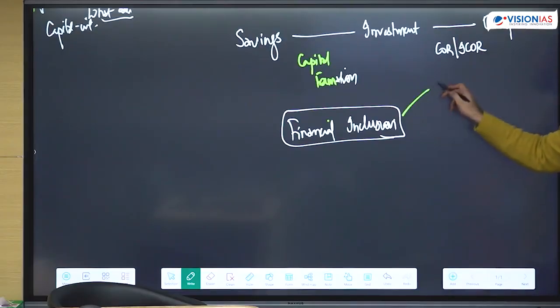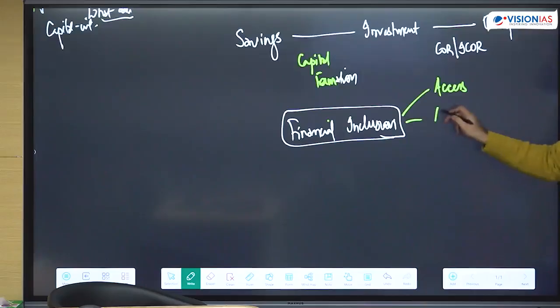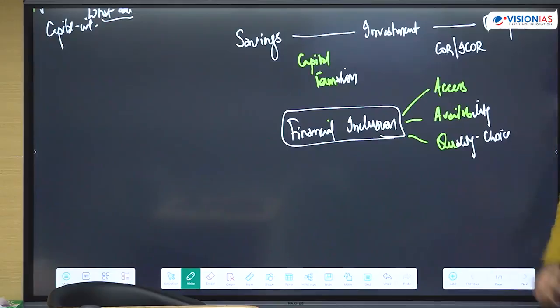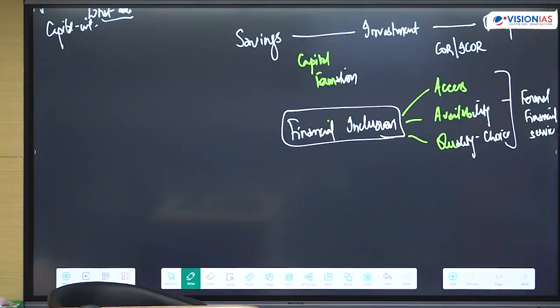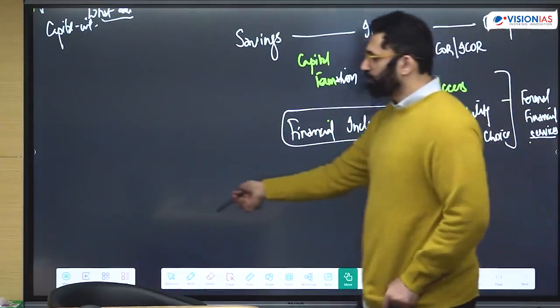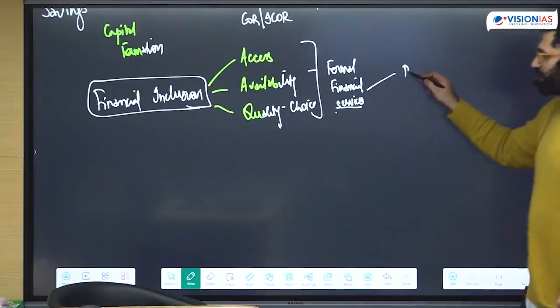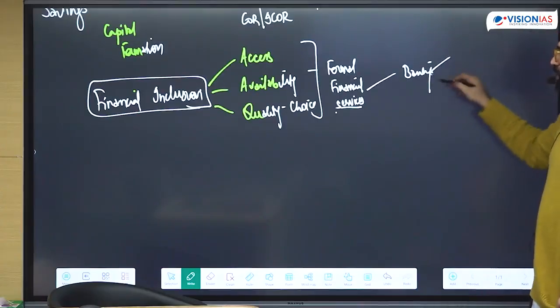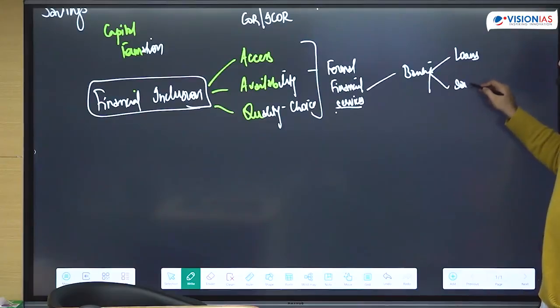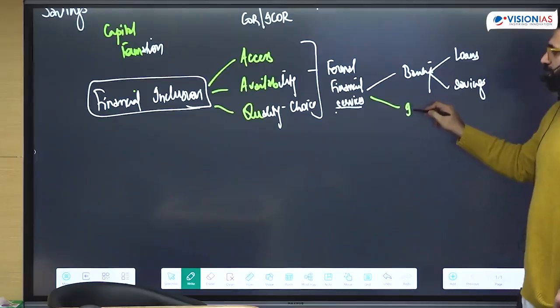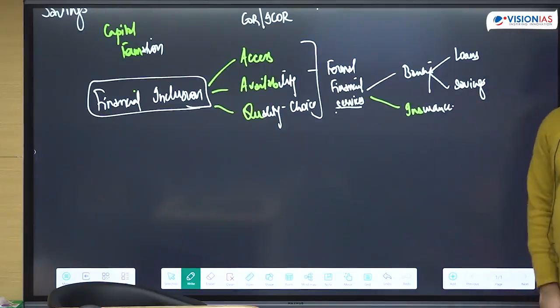Financial inclusion means availability and that means choice of formal financial services. What is the meaning of formal financial services? Financial services definitely what? Banking. I'll explain financial service also in detail, but just to give a broad reference.